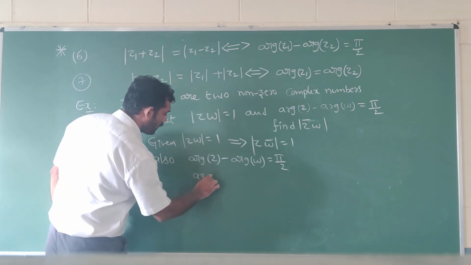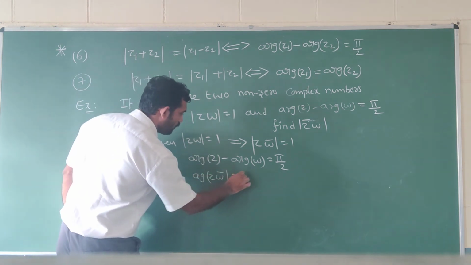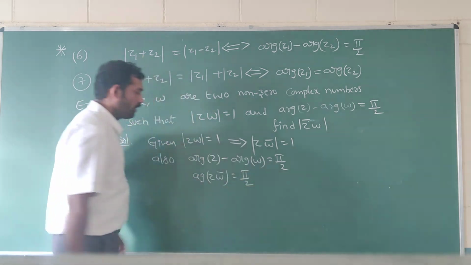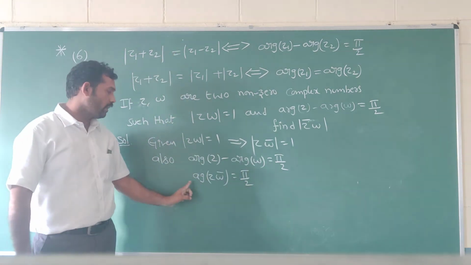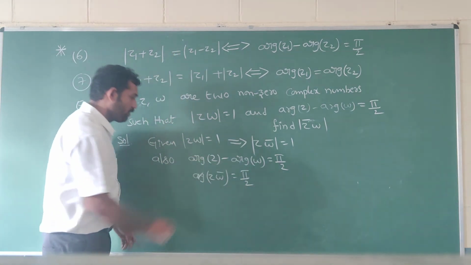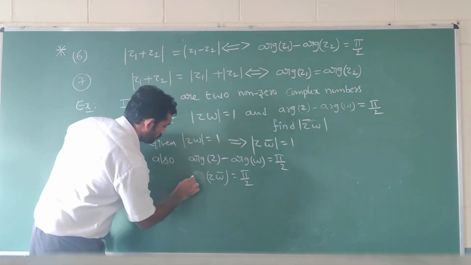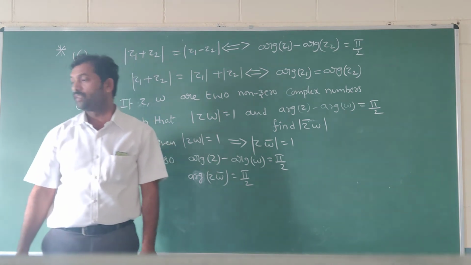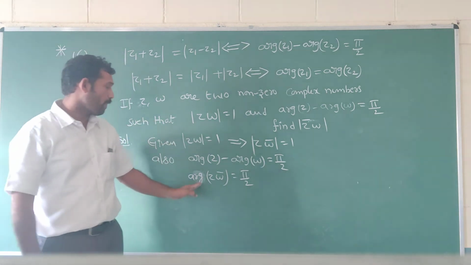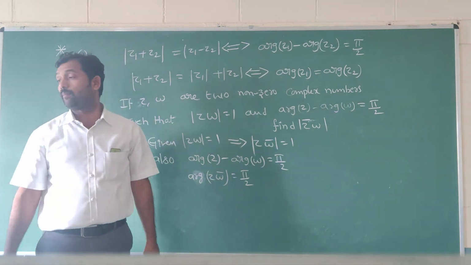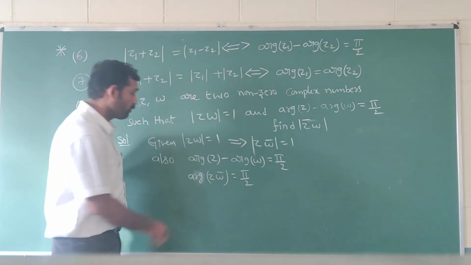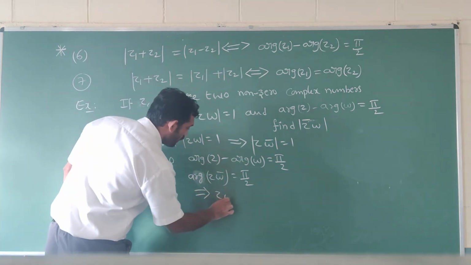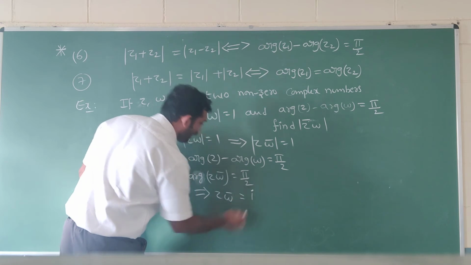Next, using the previous point, argument of z omega bar is equal to pi by 2. Hence z omega bar value is i.